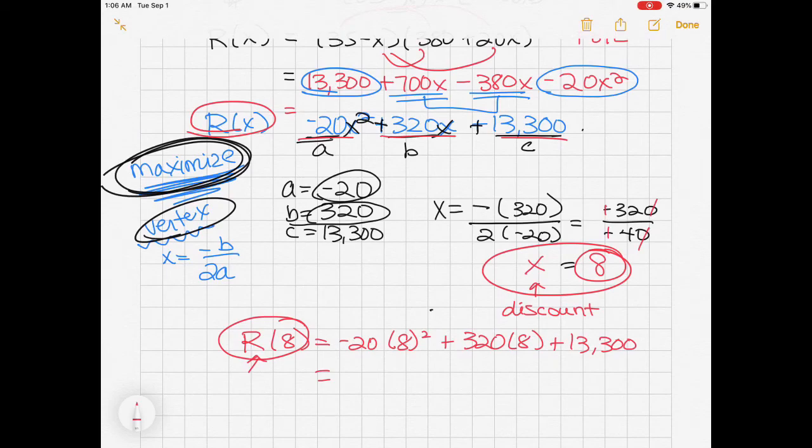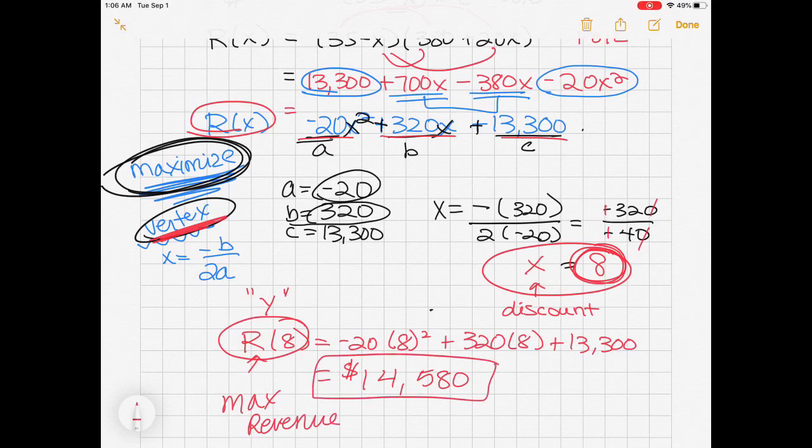You can replace the function with the value of y in order to find that maximum vertex. We plug in the value of 8 that we got from the vertex. Now here comes our value for y on the vertex. I'm just going to use my calculator for this, and we've got 14,580. So that's his maximum revenue.